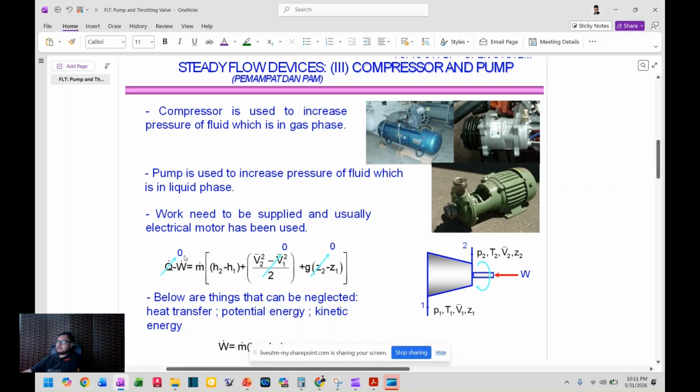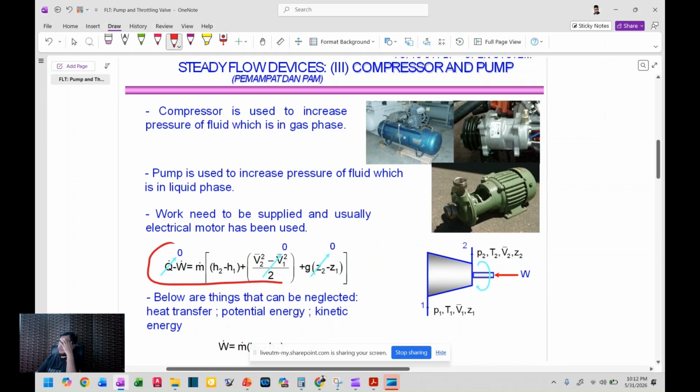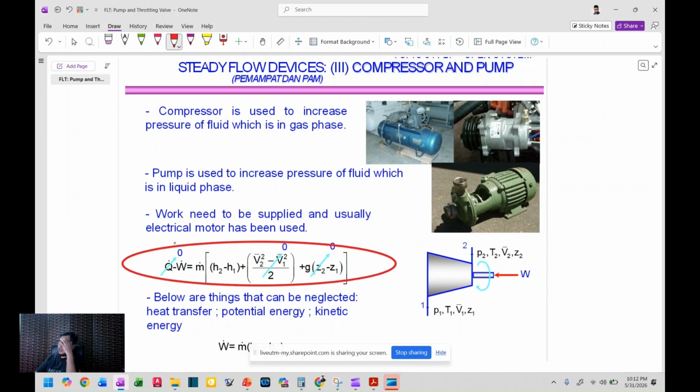Now, this equation is actually applicable to compressors and turbines, right? For pumps, you could not have the potential energy to be zero. So the potential energy for the last term here is not zero. You may assume negligible, but in some questions, because pumps force fluid from low elevation to high elevation, information on the height is most of the time given for calculations of pumps.